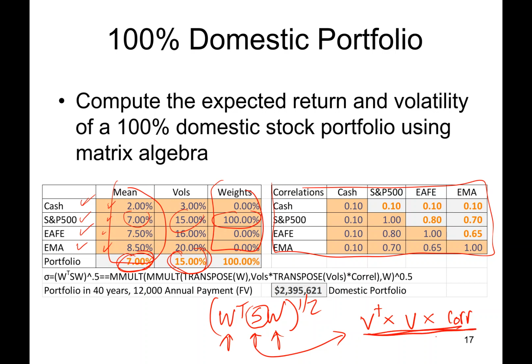This is just a multiplication of arrays in Excel. And you can look at an earlier lecture to see how I did this. This is a matrix multiplication. So here's my formula. M-mult transpose W, where W are these weights, times the covariance matrix, vols times transpose vols times the correlation matrix, times W, to the 1/2 power.